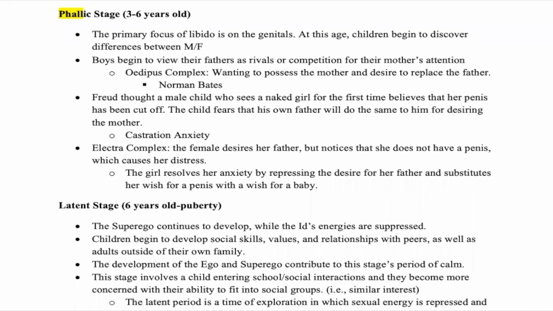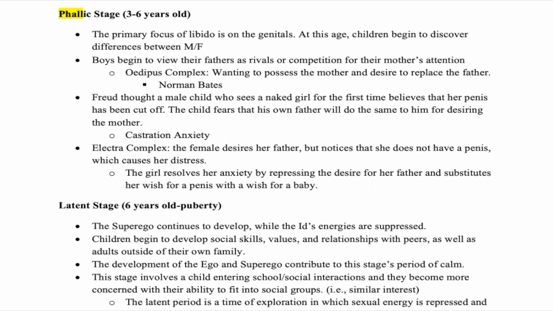So, quick review: the Oedipus complex is where a boy wants to possess his mother and wants to eliminate his father. However, that tends to work itself out through castration anxiety, because the boy's like, oh my gosh, my mom doesn't have a penis. I have a penis. My dad has a penis. He's going to hurt me if I express these urges, or if he discovers this is how I am feeling.